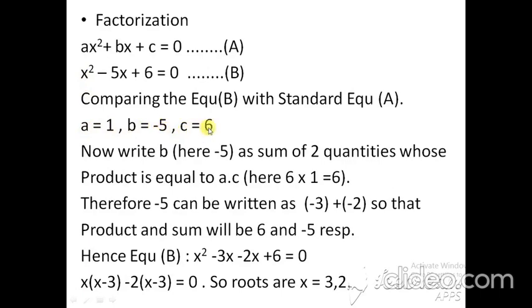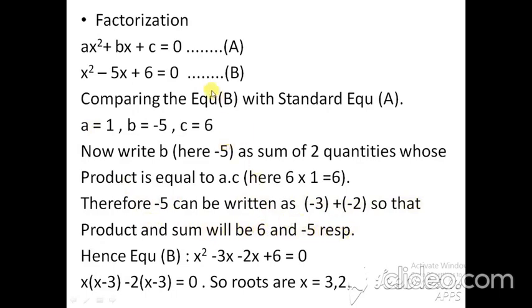Now in this method we have to write b, in this case minus 5, as the sum of two numbers whose product will be equal to ac. Here the product is 6. Therefore minus 5 can be written as minus 3 plus minus 2, so that the product and sum will be 6 and minus 5 respectively.